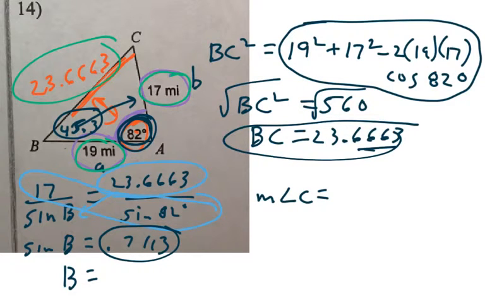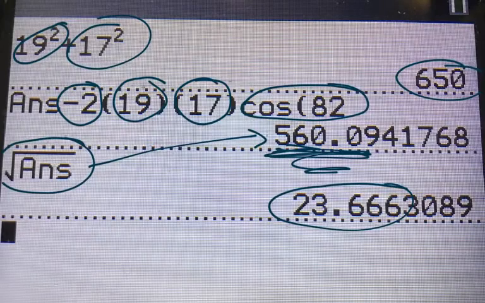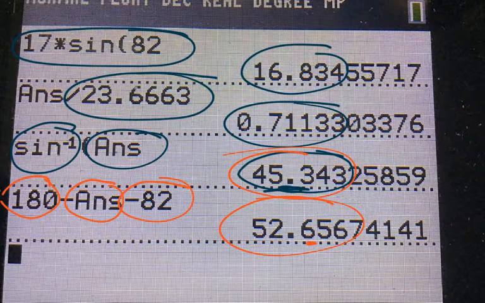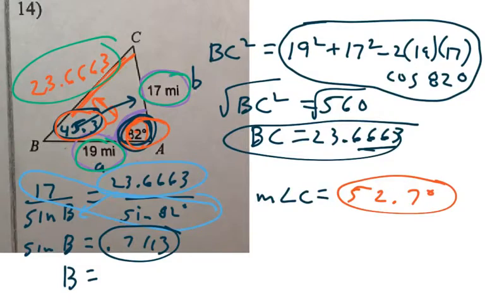Okay, 52.7 degrees. Again, what I did was I took 180, because every triangle is 180. I took away the 82, did I not? And I took away the 45.3. Those two, again, were the other two angles of the triangle, right? And so I found every angle and every side of this triangle. So pause the video if you need to.